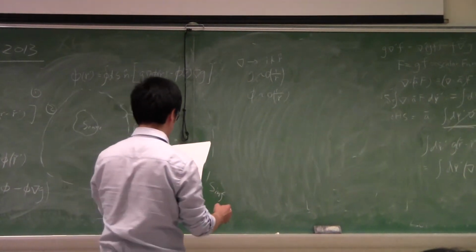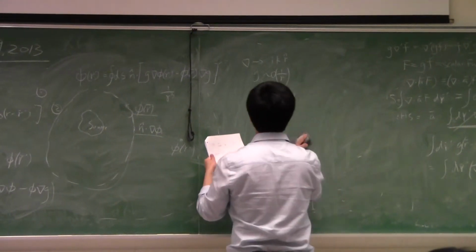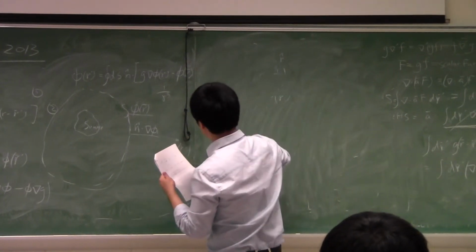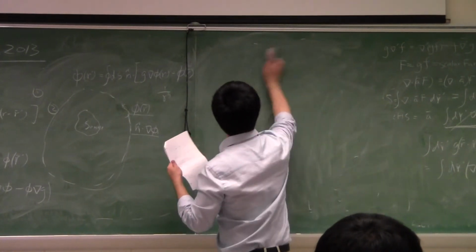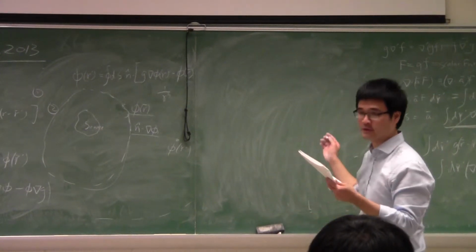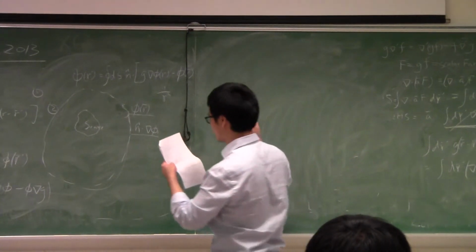Okay. And then the vector is very similar, except that you have to do what we have done for the vector Green's function. Also, again, use the chain rule a few times.